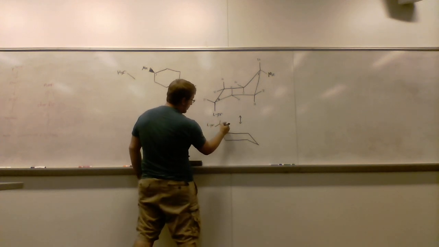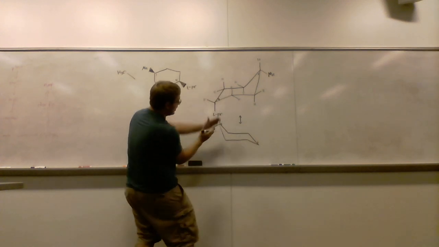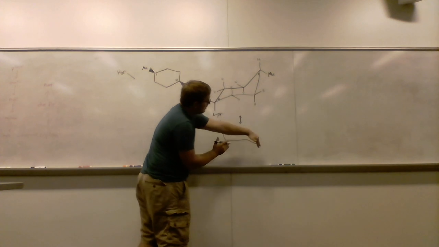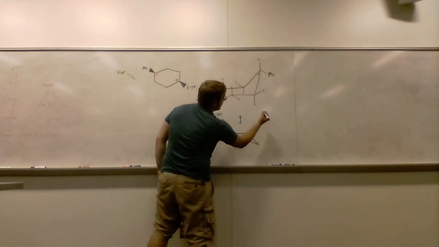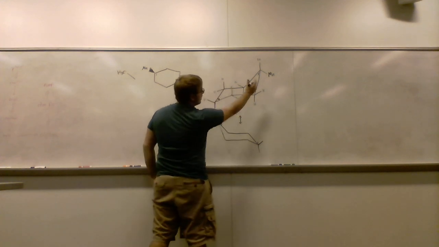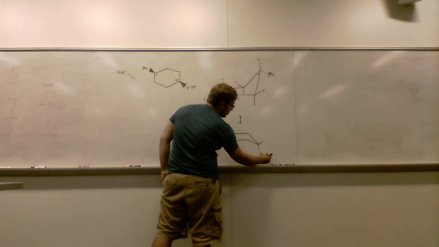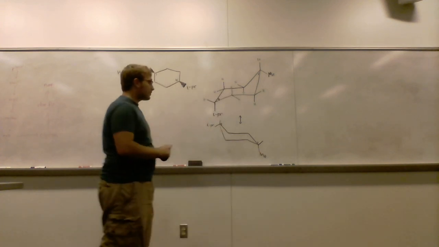And this is our 4 carbon here, right? Our 4 has flipped up, and our 1 carbon has flipped down, and our methyl, originally in the equatorial position, is now in the axial because we flipped the chair. Okay?